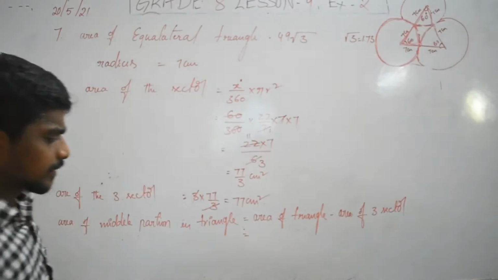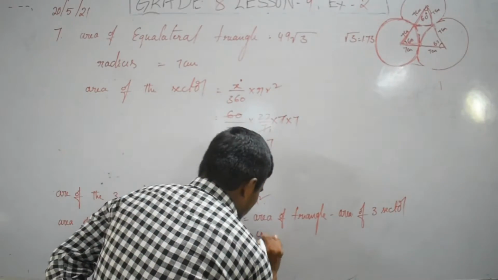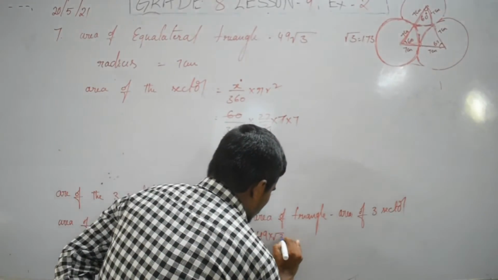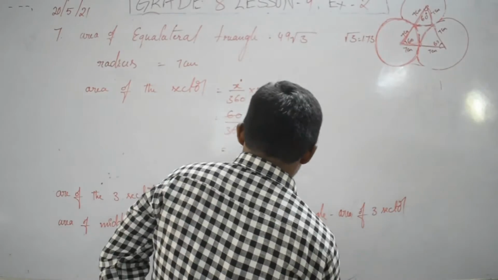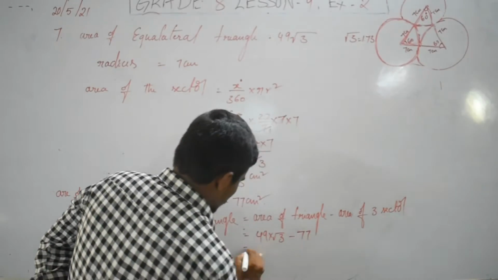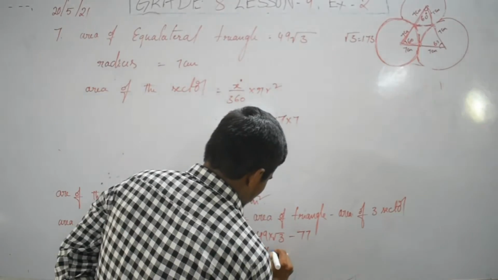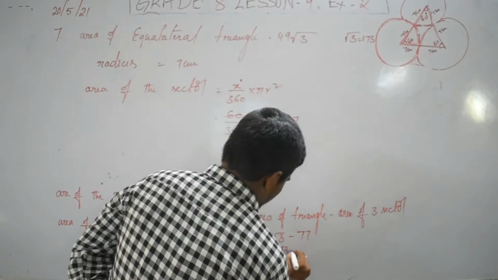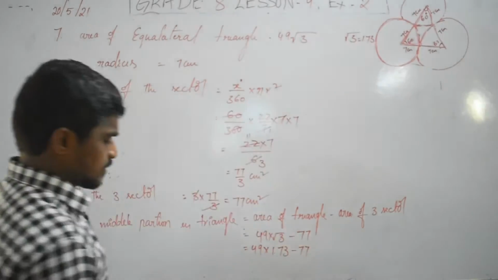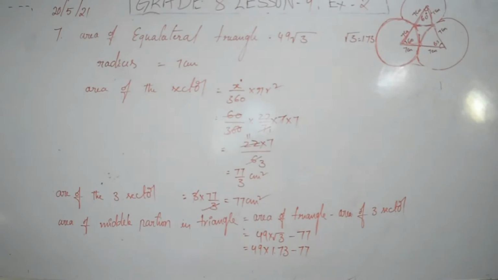Here, the area of the triangle is 49 root 3 minus 77. The root 3 value I said is 1.73, minus 77.